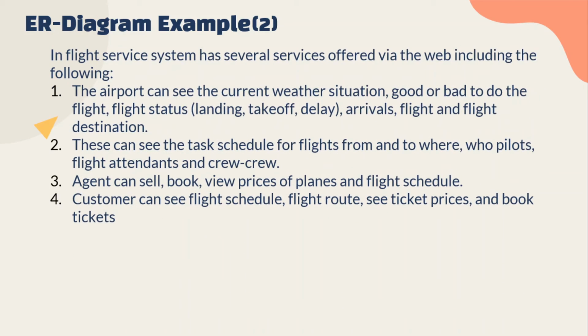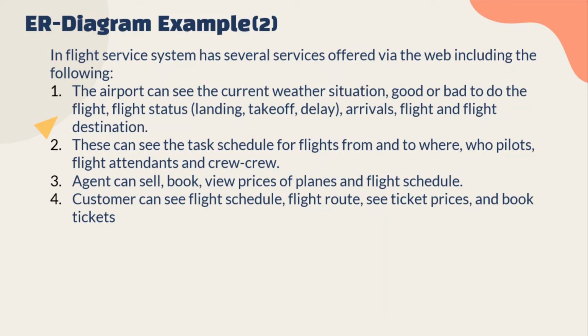So the flight service system has several services offered via the website, including the following. First, the airport can see the current weather situation, good or bad, for the flight, and flight status, for example landing, takeoff, delay, and arrivals, flight, and flight destination.